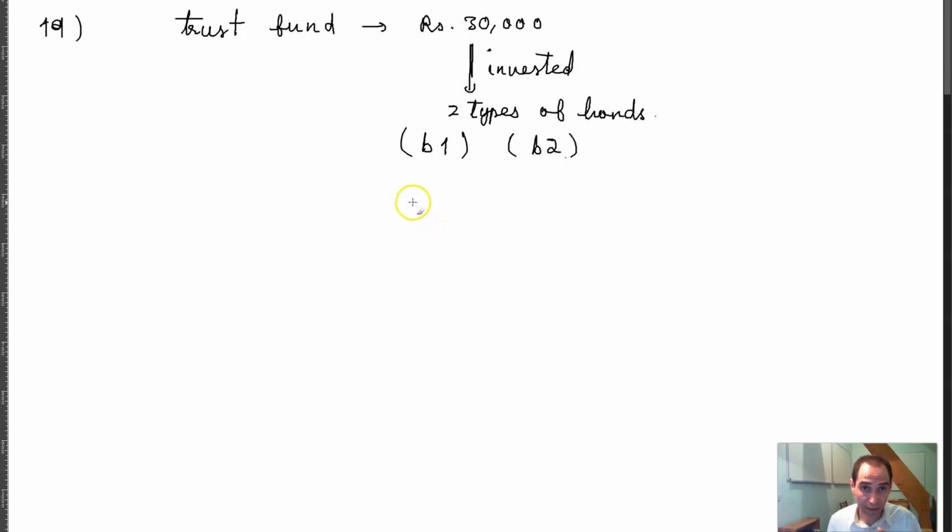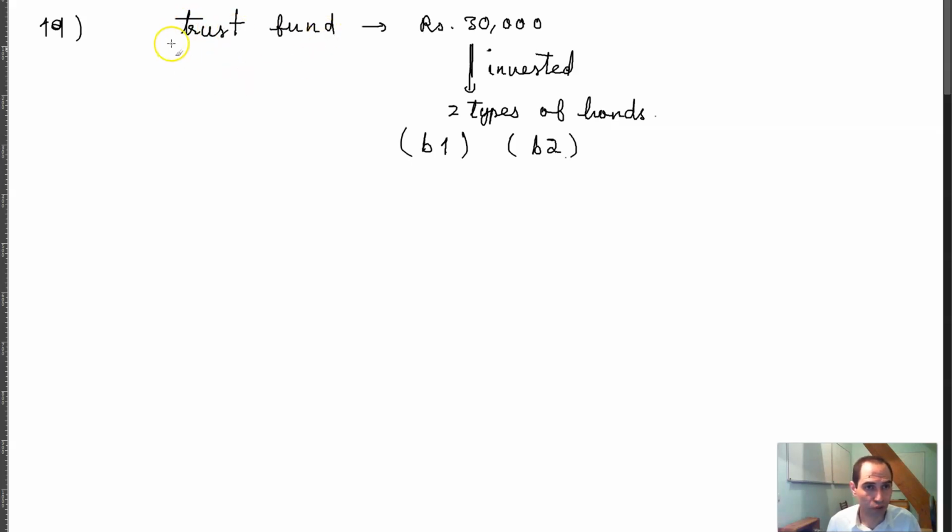Now let's pretend that we know what a trust fund is and we know what a bond is. For the sake of this argument, I'm not an expert on bonds and trust funds and that sort of thing. You must be a banker to know all of that, or you need to at least do an MBA in economics.